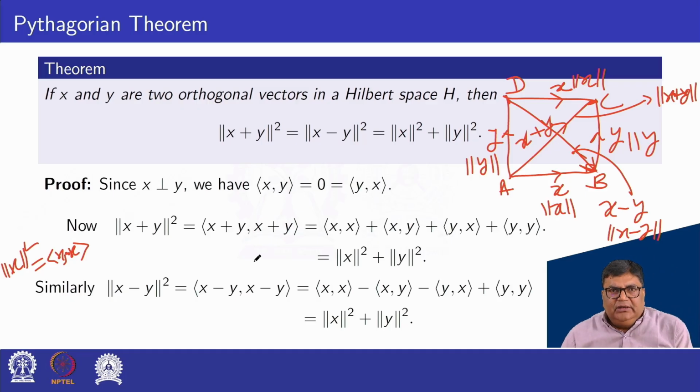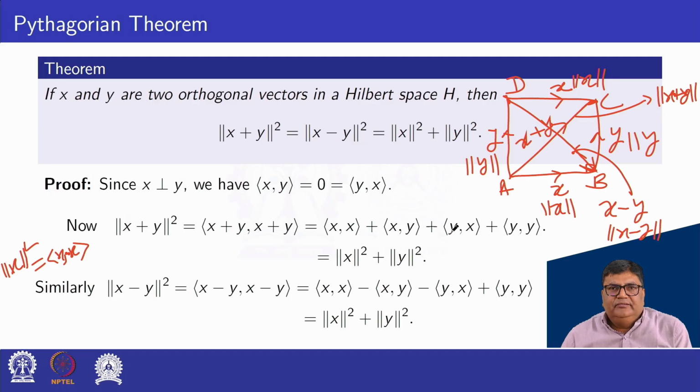So using the fourth property of inner product, this can be written as inner product of xx plus inner product of xy plus inner product of yx plus inner product of yy.